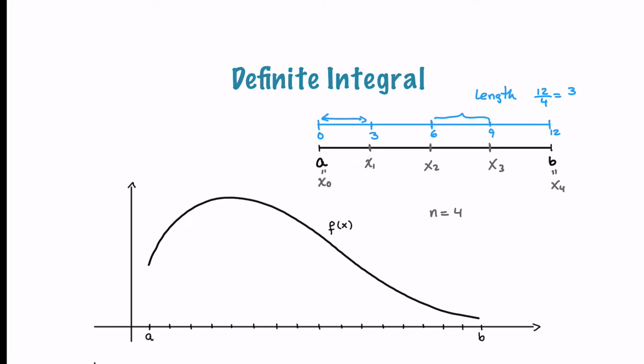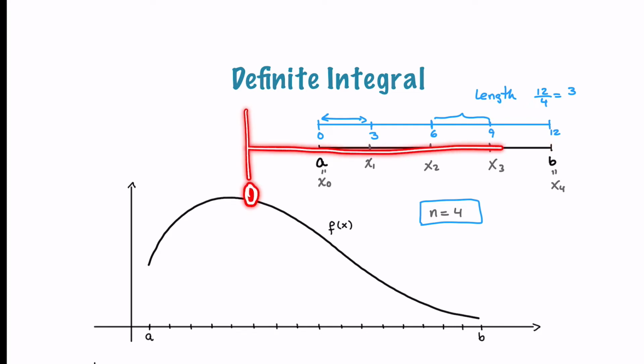In the general case of an interval going from A to B, suppose n equals 4 again, and we partition the interval AB into 4 equal length pieces. What is the complete length from A to B? Let's suppose 0 is right here.